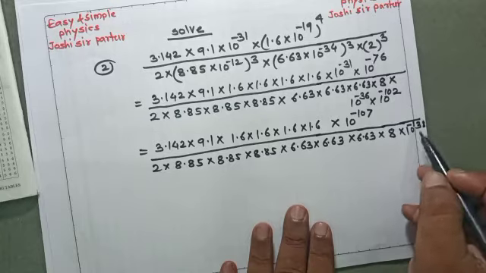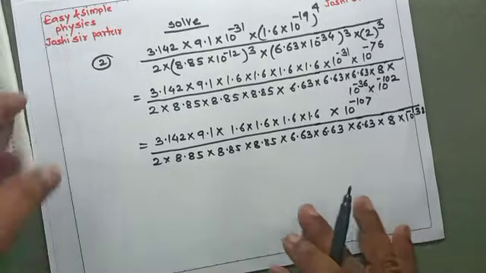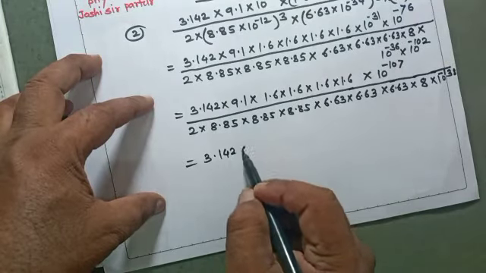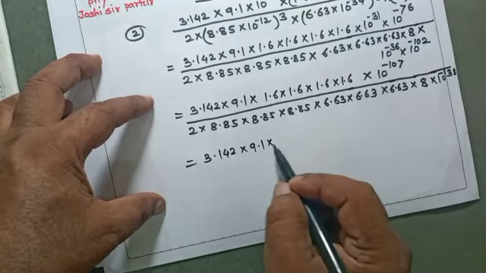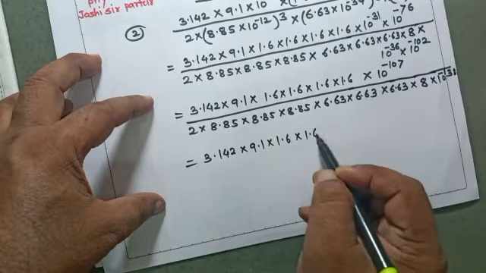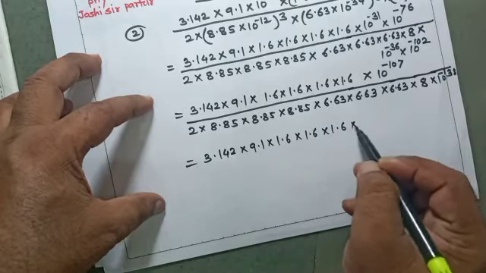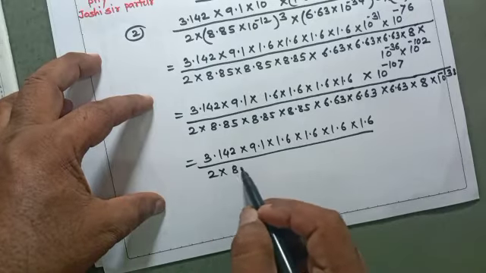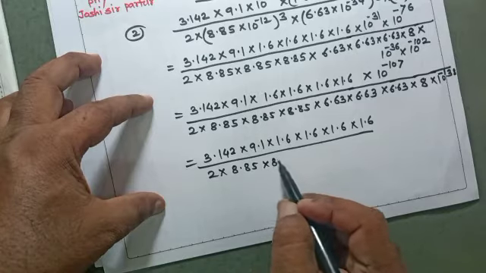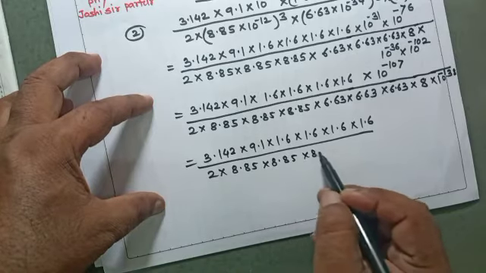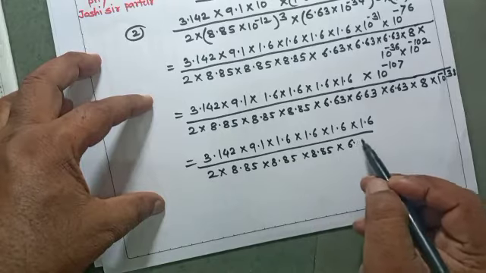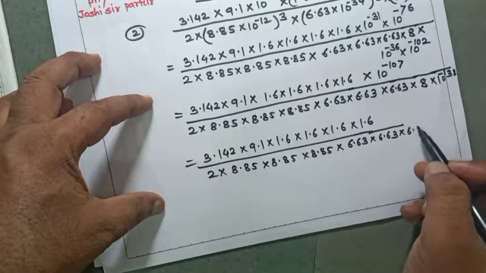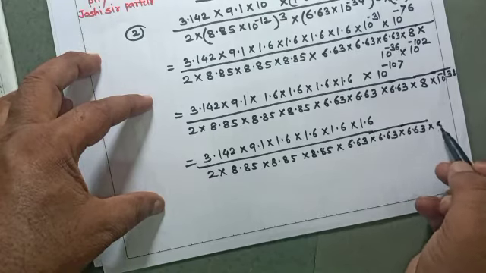138. When minus 138 is shifted to the numerator, it will be 3.142 multiplied by 9.1 into 1.6 into 1.6 into 1.6 into 1.6, divided by 2 multiplied by 8.85 multiplied by 8.85 multiplied by 8.85 multiplied by 6.63 multiplied by 6.63 again multiplied by 6.63 and into 8.